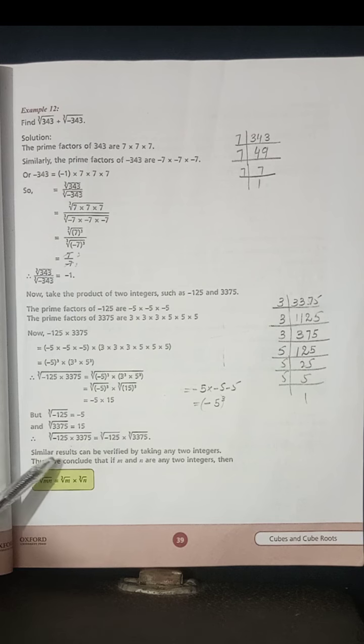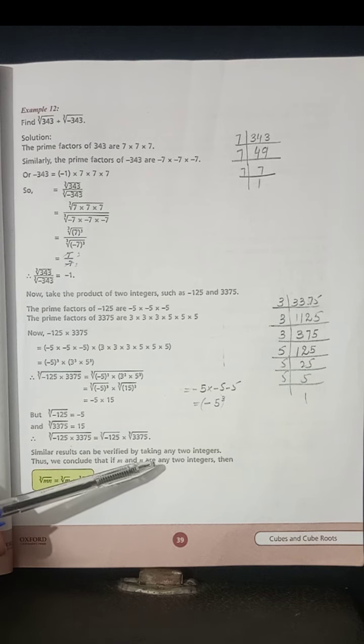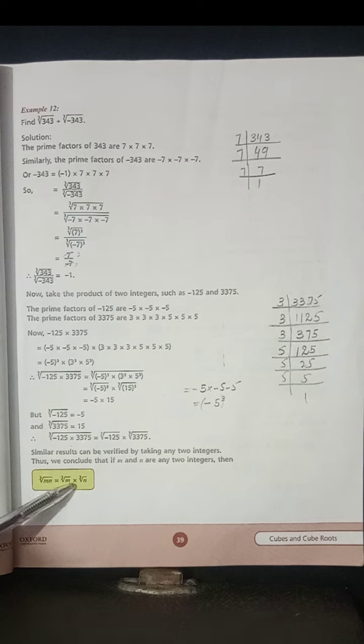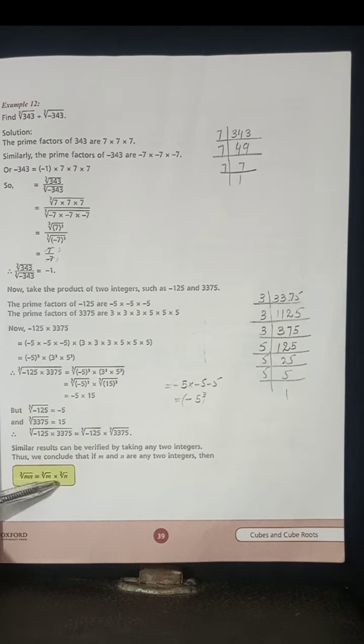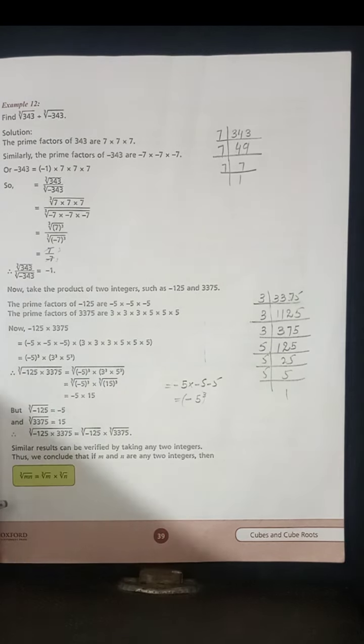So it is proved that a similar result can be verified by taking any two integers. Thus we conclude that if m and n are any two integers, then cube root mn is equal to cube root m multiplied by cube root n. It means that the result will be similar.